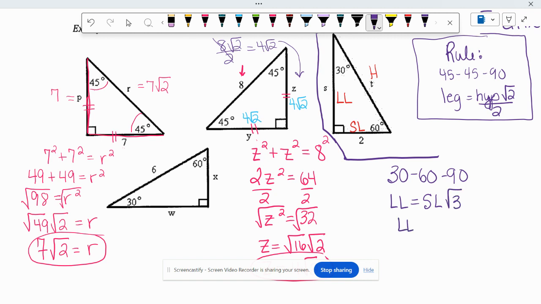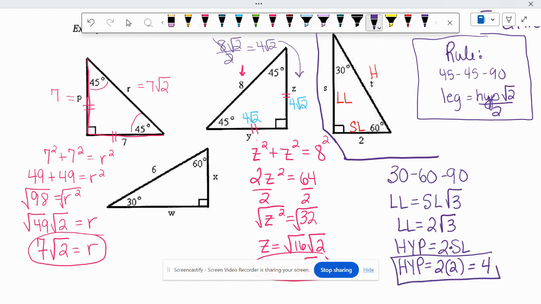So my long leg equals 2 times the square root of 3. And the other rule is that your hypotenuse equals 2 times your short leg. That means that your hypotenuse equals 2 times 2, which is 4. So your hypotenuse is 4, and your long leg is 2 root 3.